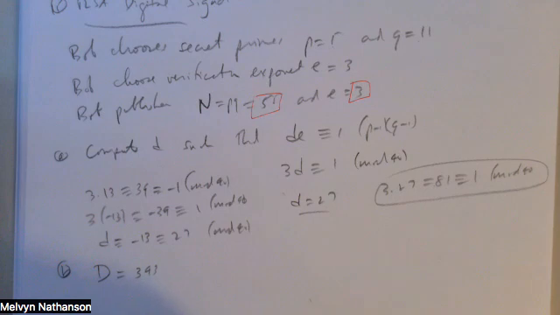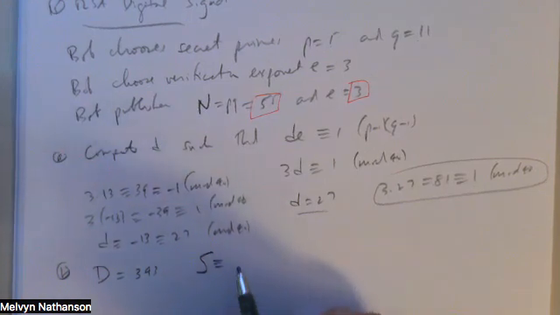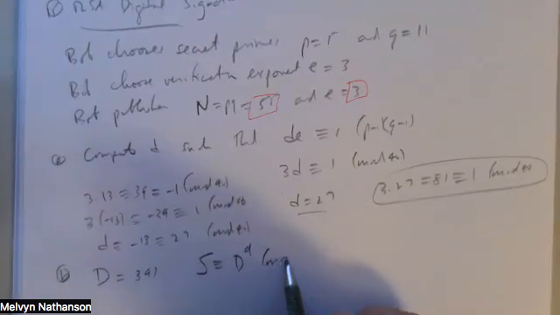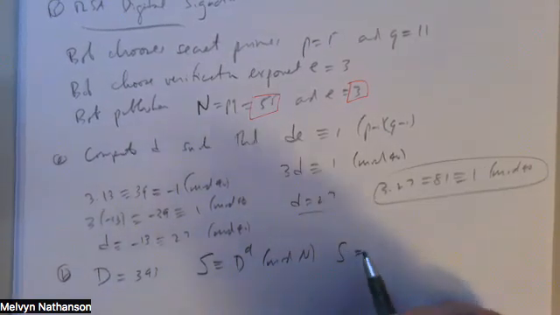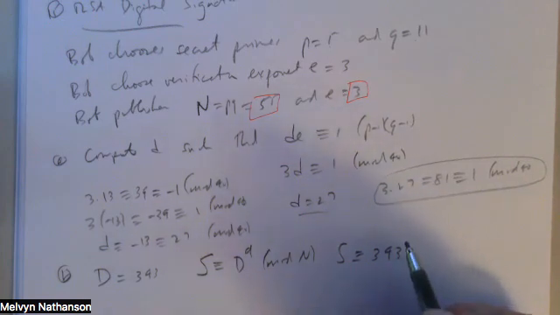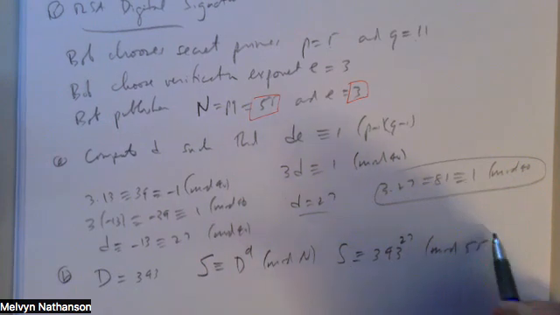Bob wants to send this document, and people have to know it's he that's sending it. So he signs the document. His signature is S congruent to D to the d mod n, which means S is going to be 343 raised to the power 27 mod 55.